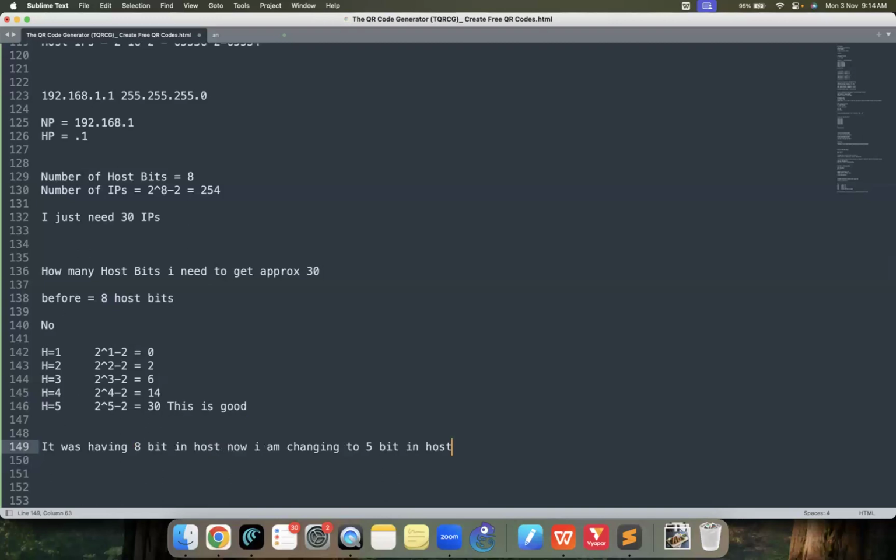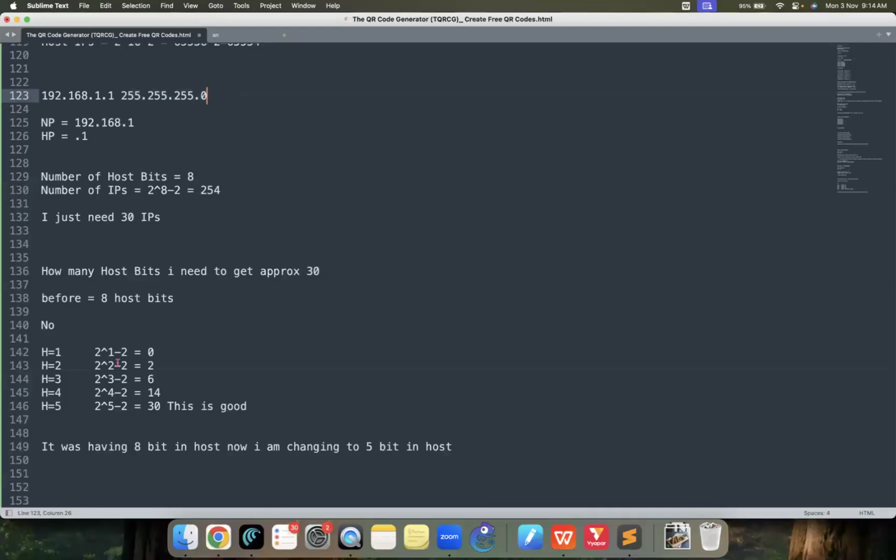If you reduce the number of host bits, the network bits will increase. If you reduce network bits, host bits will increase. So in this case, I am reducing the host bits, meaning network bits will increase. Let's write this down in binary format.